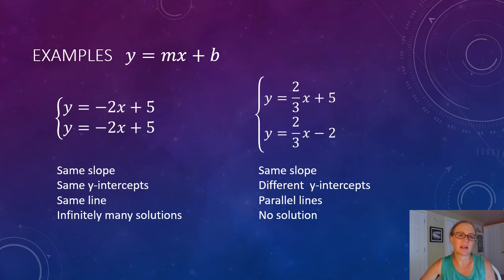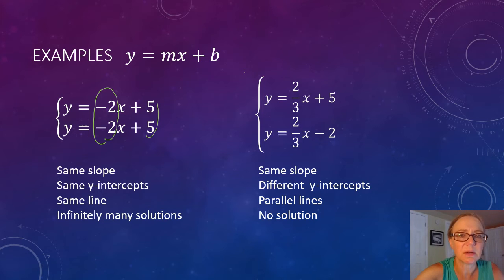If you're given equations that happen to be in slope-intercept form, y equals mx plus b form, it's very easy to tell what you're dealing with because when y is isolated, we can see immediately that the slopes match, and we can see immediately that the y-intercepts match. So these are the same line, and there are infinitely many solutions.